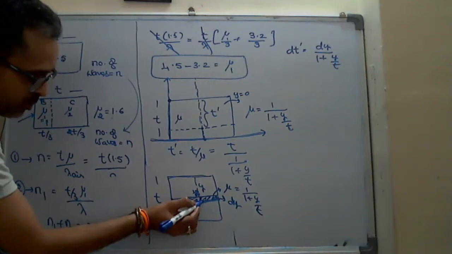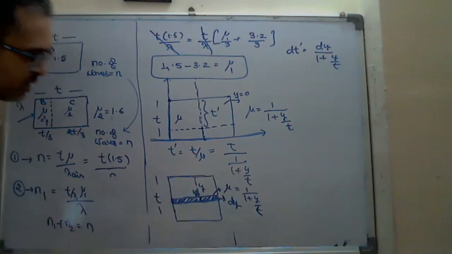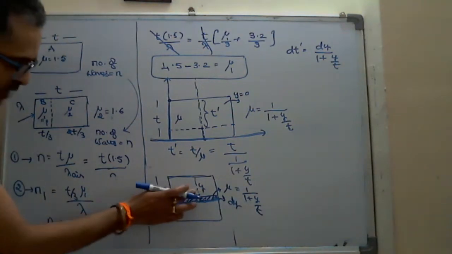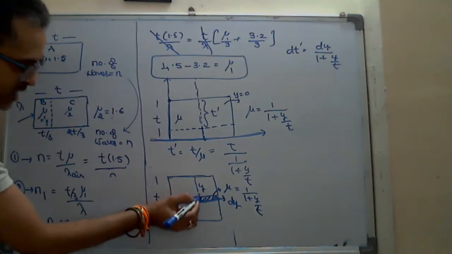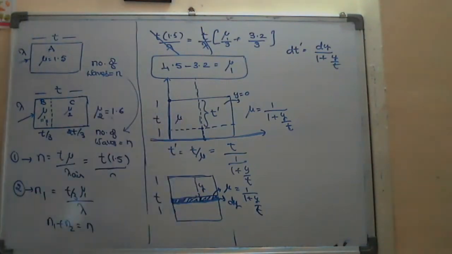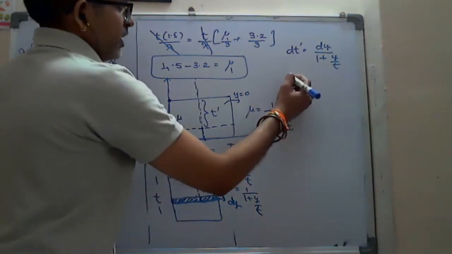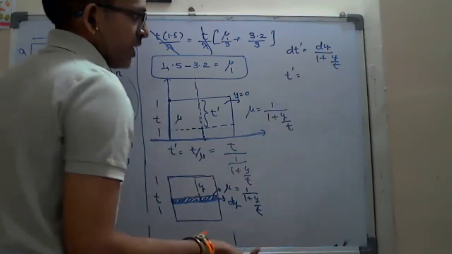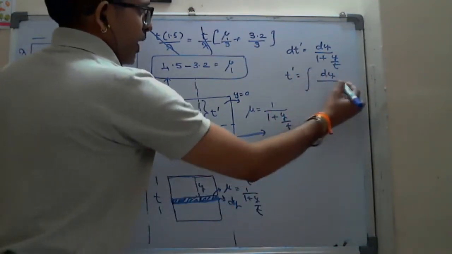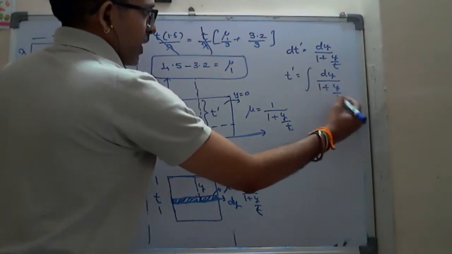So mu is 1 plus y by t. If you understand this, then for the total part, the apparent depth t dash can be found directly by integration. Very simple: the integral of dy by 1 plus y by t.